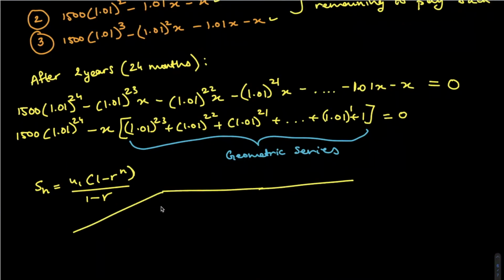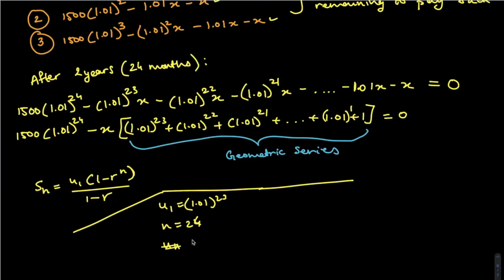If I take my first term to be 1.01 raised to the power 23, my n will be 24, because this is 1.01 raised to the power 0 and this is raised to the power 23, so there are actually 24 terms. So my n will remain the same in both cases.